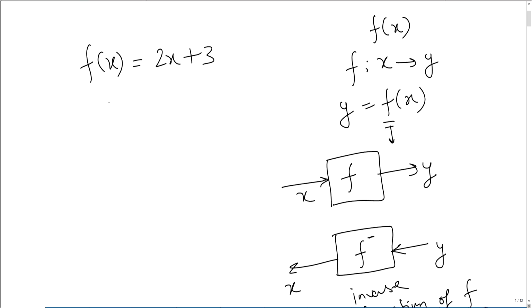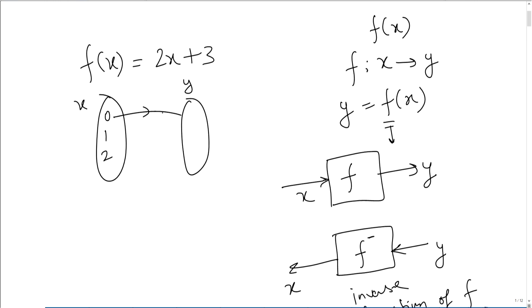Right now this function does the mapping in this way. You take some values of x, let's say 0, 1, 2. It gives you some output. Let us call the output y. So corresponding to 0 you get 3, corresponding to 1 you get 5, corresponding to 2 you get 7. So this is how it is doing the mapping.